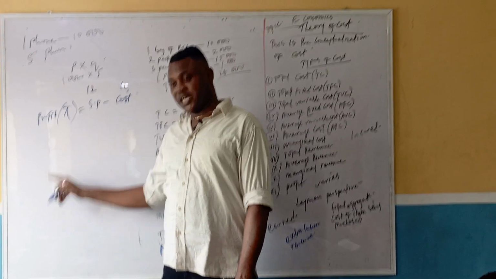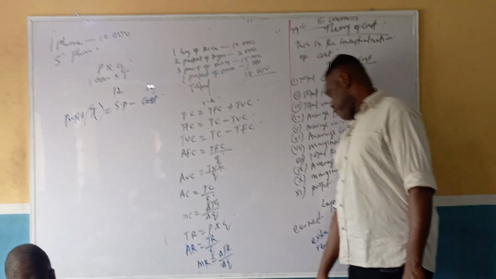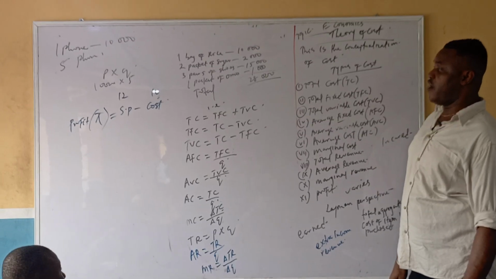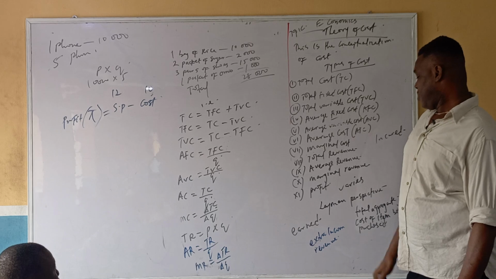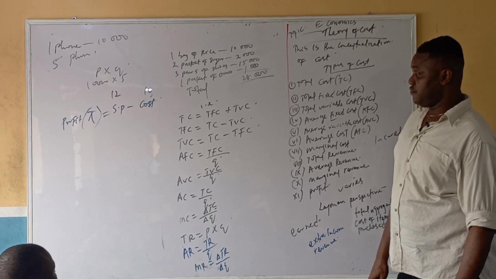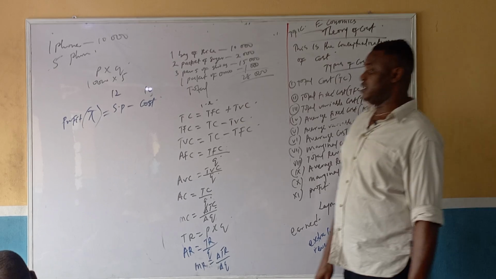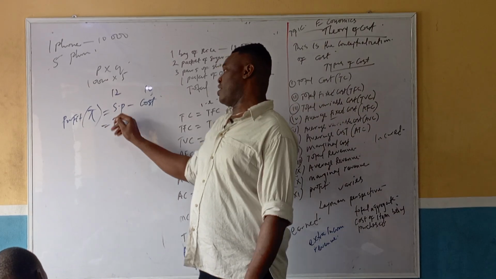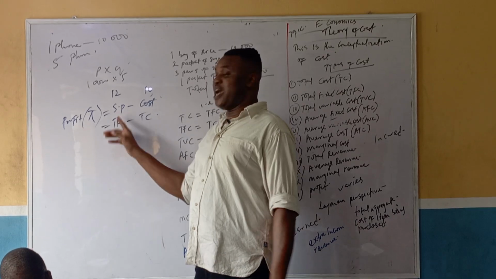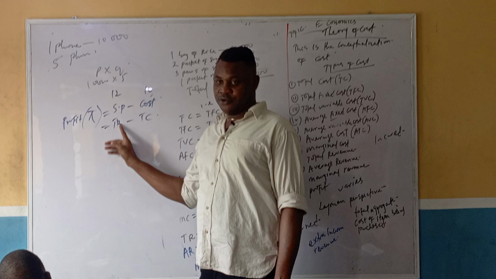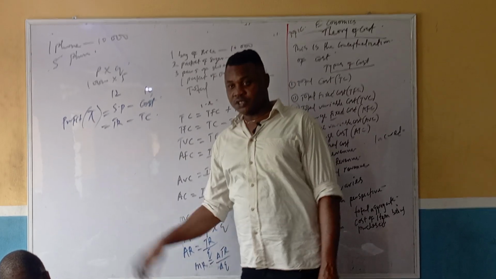But from an economic perspective, an economist will define profit as the difference between total revenue and total cost. In economics, selling price is known as the total revenue, while cost price is known as the total cost.